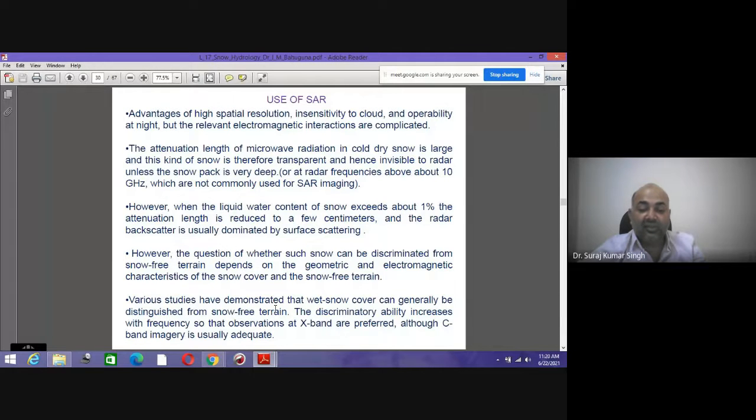Various studies have demonstrated that wet snow cover can generally be distinguished from snow-free terrain. The discriminatory ability increases with the frequency, so that observations at X band are preferred, although C band imagery is equally adequate.